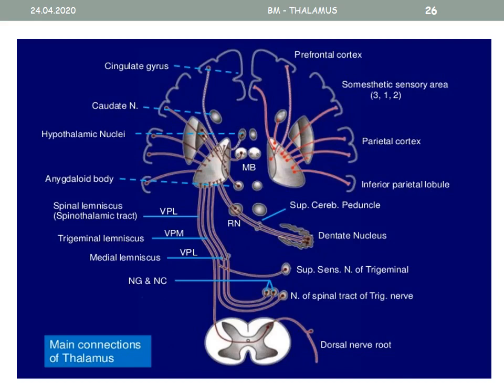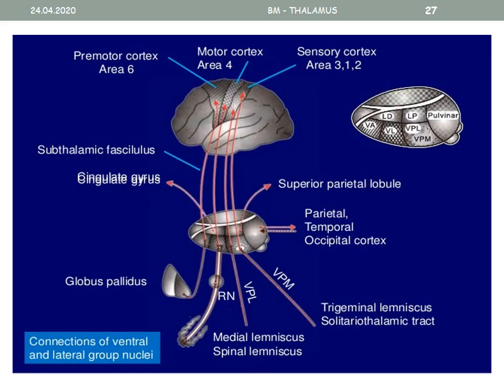Please revise one more time looking into the slide. Again, this slide shows the projections from the thalamus to the cortex as well as the afferents coming from the different nuclei. Please look into it again.